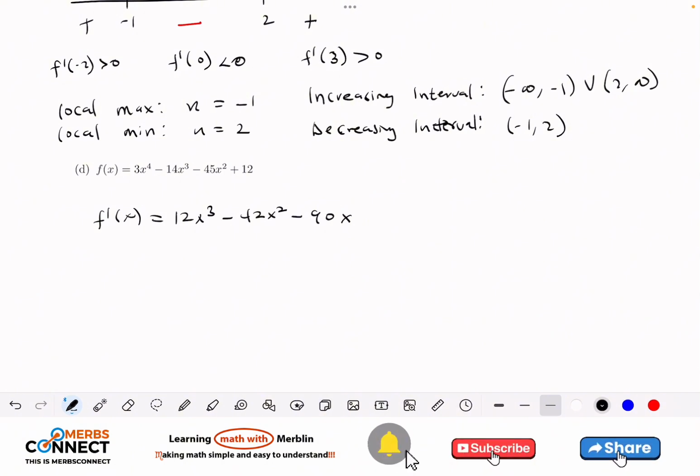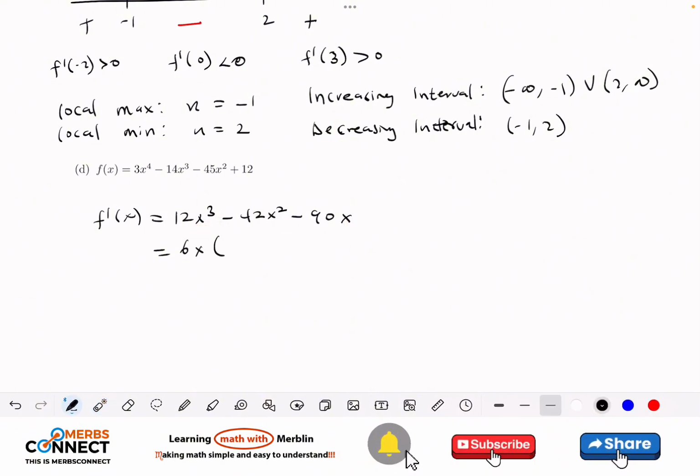So what I can do is first factor 6 out. So 6 can go through all of them, right? So 6 out, it will be left with 2x. Okay, so I can factor 6 out, and then I can also factor x out because I have x here, x here, x here. So I can factor x out.